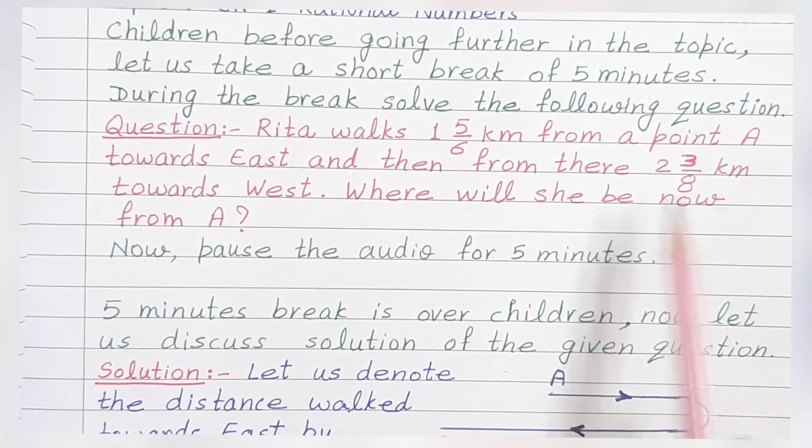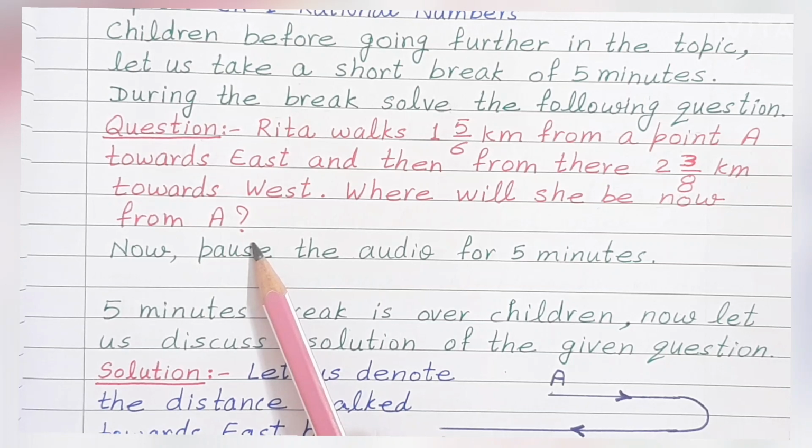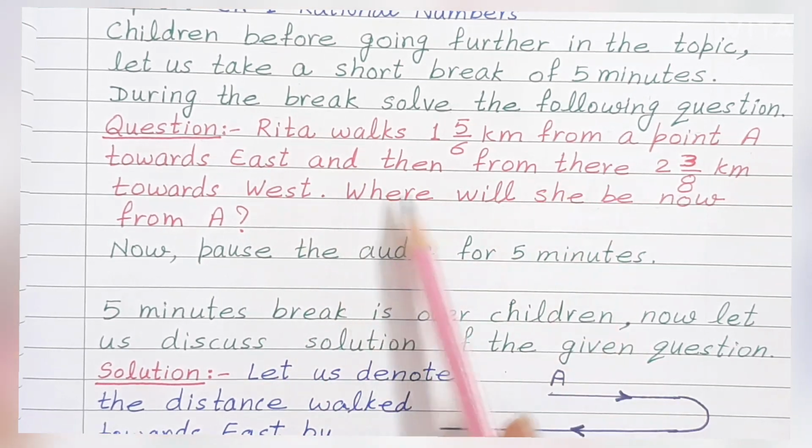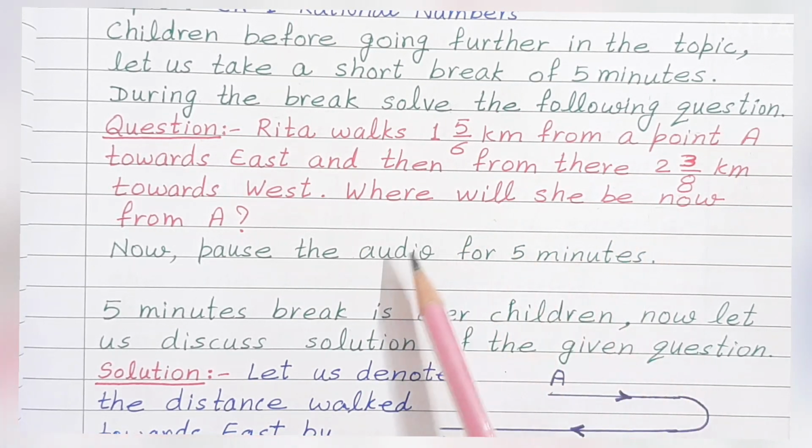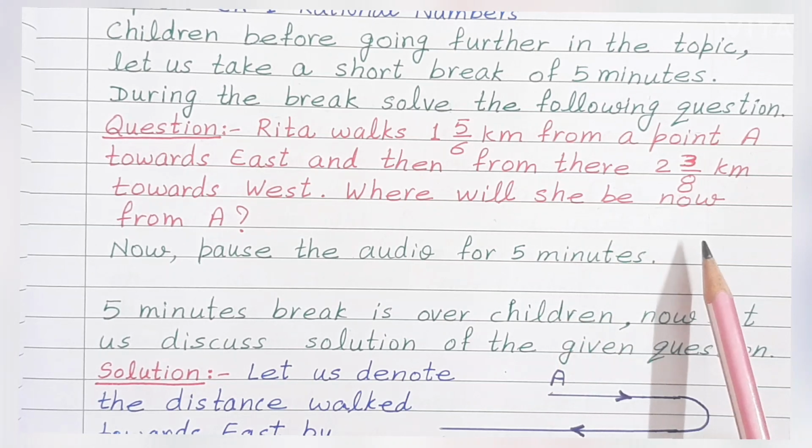Where will she be now from A? Students, try this question in your maths register. It is a very interesting question. You will enjoy solving the question. Now you can pause the lesson for 5 minutes.